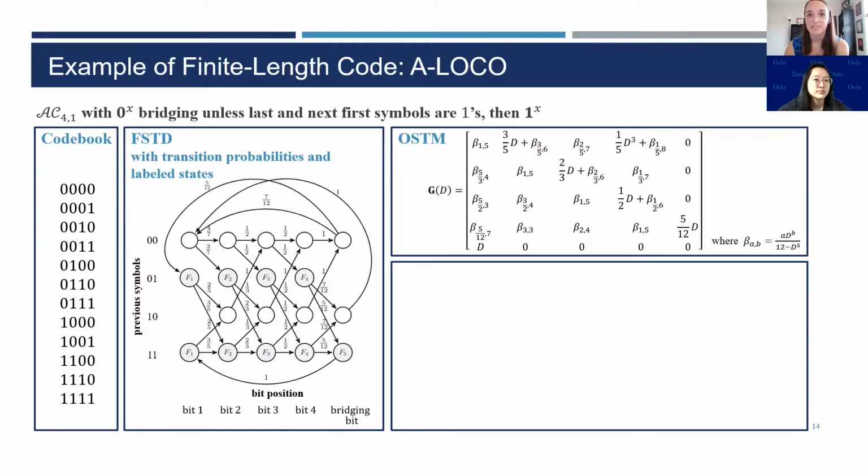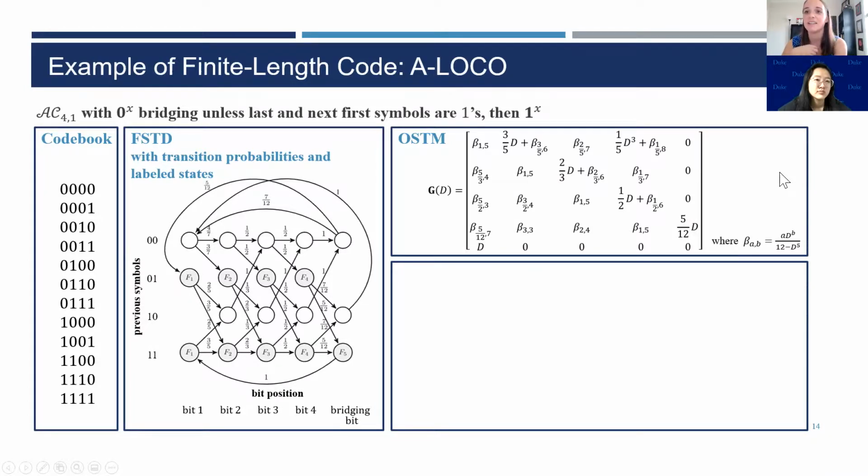So exactly what this OSTM looks like for a particular code is not necessarily the key thing of this talk. What's most important is that you can start to see patterns in this OSTM. So if you look at this diagonal here, you kind of see a pattern. If you look at this diagonal, there's a pattern, and you can see that the bottom row is pretty sparse and the last column's pretty sparse.